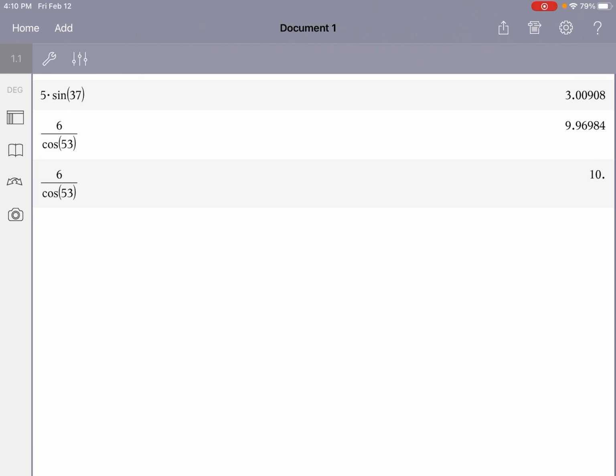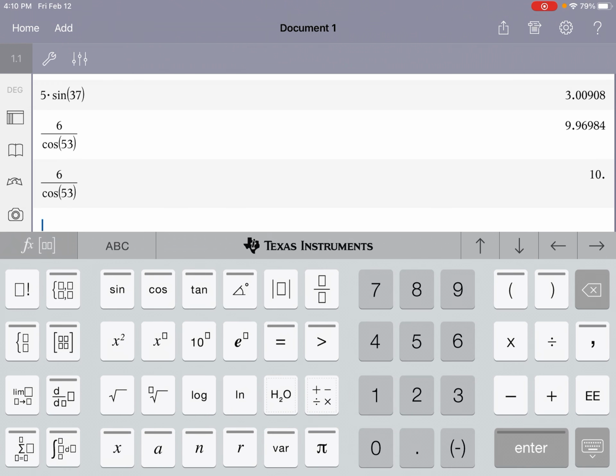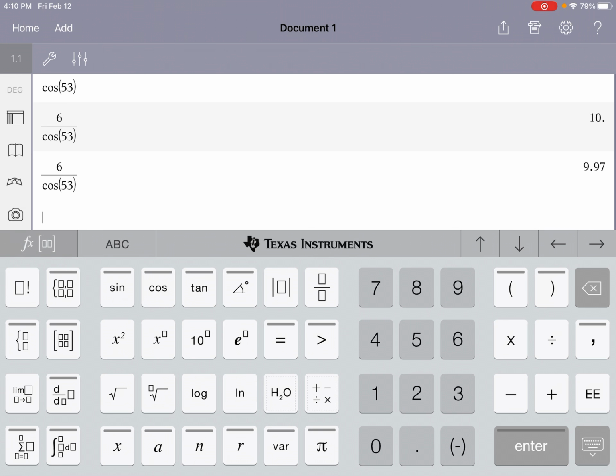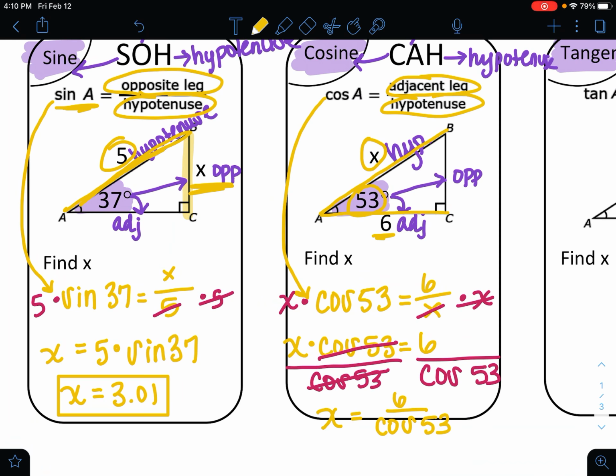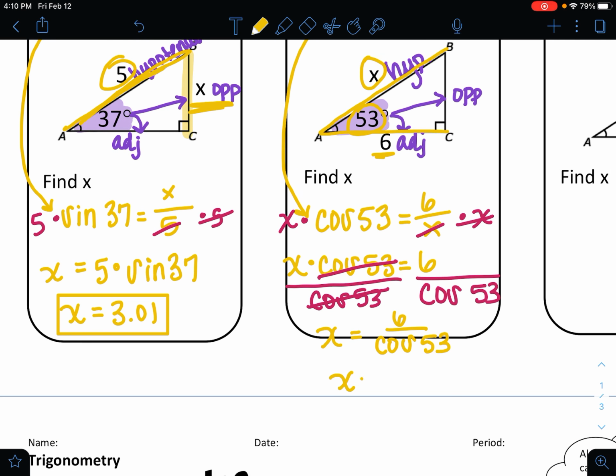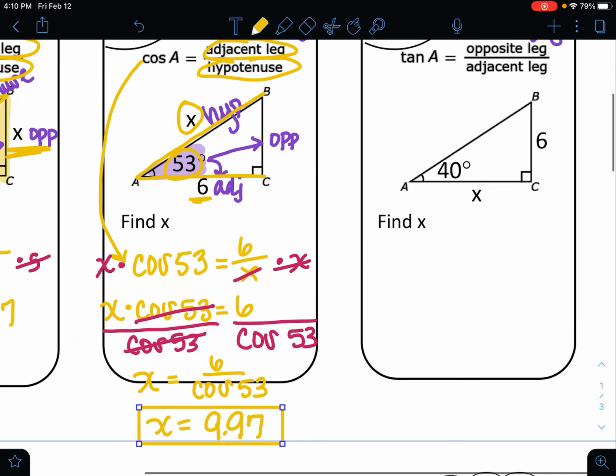That is not working how it's supposed to. All right, enter. There we go. So we have 9.97. Sorry about that. So hit float 3. 9.97. I'm going to probably change that back because that's annoying. So x equals 9.97. That side is 9.97 units long.